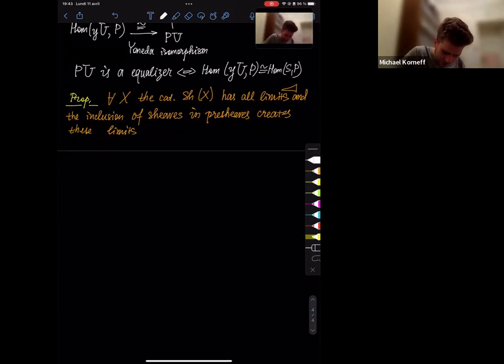Of course, we have the following obvious inclusion: sheaves on X in presheaves on X. And it turns out that limits in presheaves generate limits in sheaves in some sense.